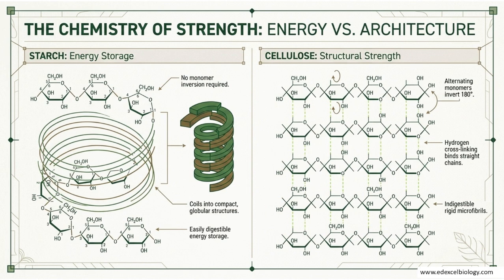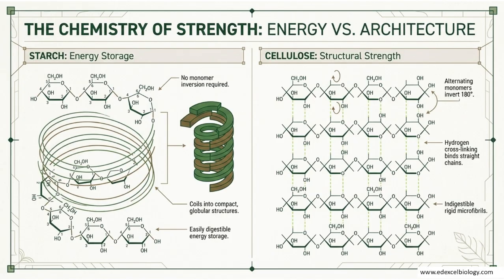But that minuscule structural variation causes a massive dilemma when the plant tries to link them together into a chain. They don't just snap together easily like the alpha-glucose does. Because the connecting points just don't line up anymore. Precisely. Because of how that hydroxyl group protrudes in beta-glucose, every alternating molecule actually has to be turned completely upside down. It has to be inverted so the bonding can even take place. Wow.